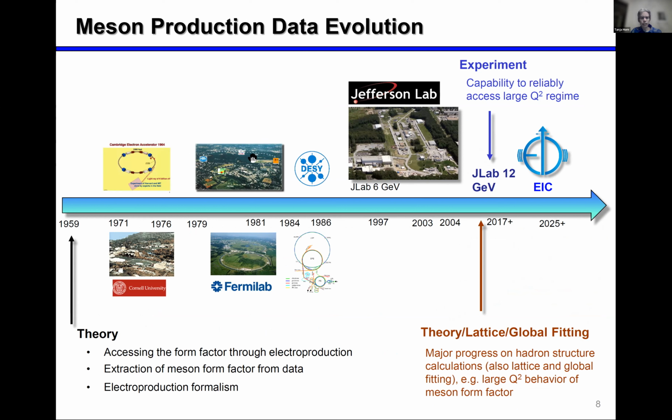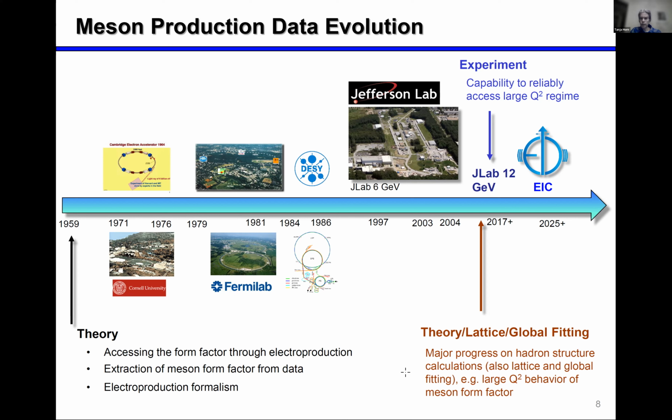Then there's an array of facilities built, as you see here, that take an excellent amount of data and address and validate theories and so on. Same here with GeV JLab.